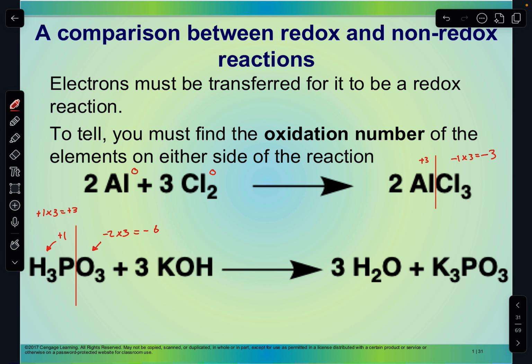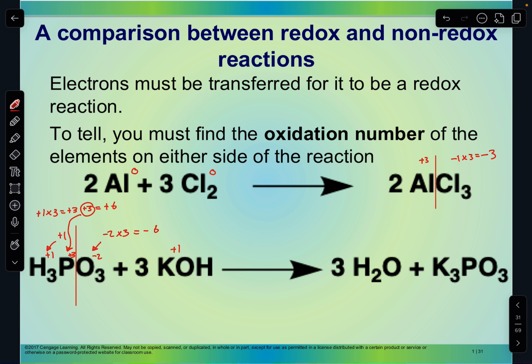In order to get to +6, we have to add 3, which gives us +6. And so the oxidation state of phosphorus is going to be +6. So we have a +1, we have a +3, and we have a -2 for each of the oxygens.